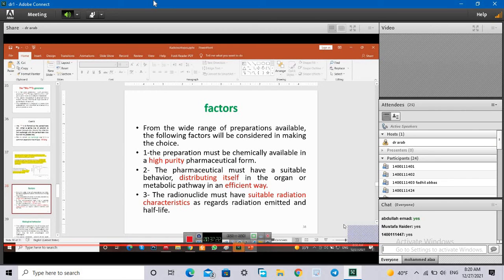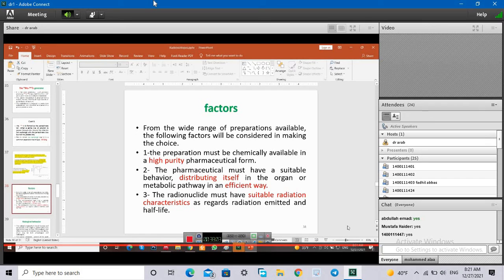The other property is that the radionuclide must have suitable radiation characteristics, the proper emitted radiation and half-life. For example, for diagnosis, they should emit gamma and positron particles, and for therapeutic aims, they should emit beta particles.